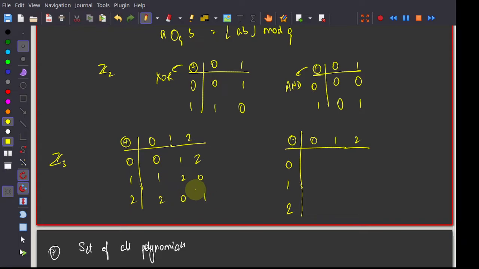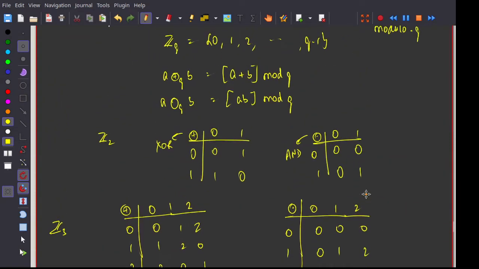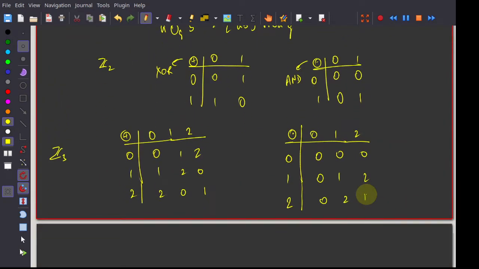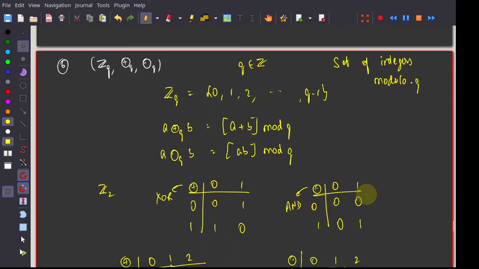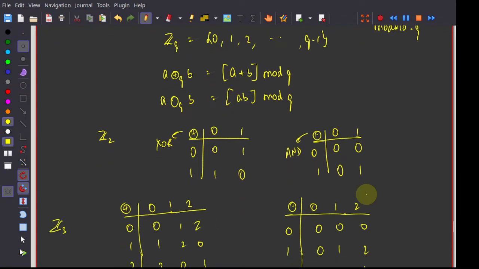Okay, and multiplication table. So 0, 0, 1, 2. All right, so now we know exactly what we're talking about. Now, is this a field for any general q? So let's look at Z_2. Is Z_2 a field?